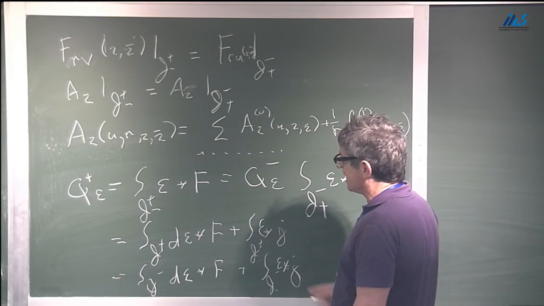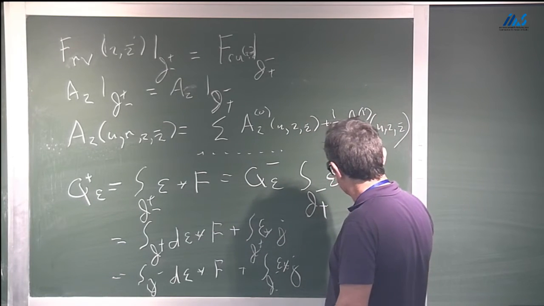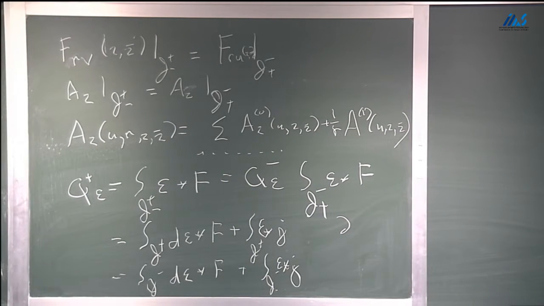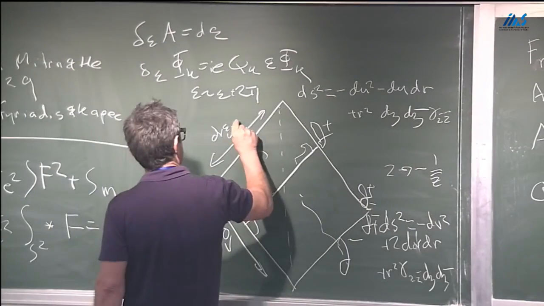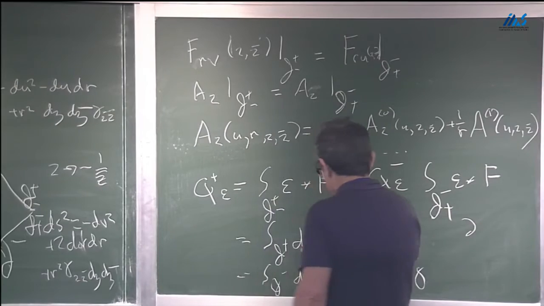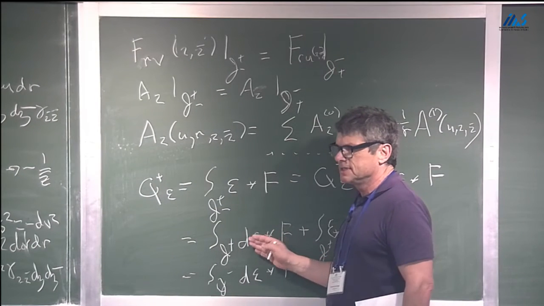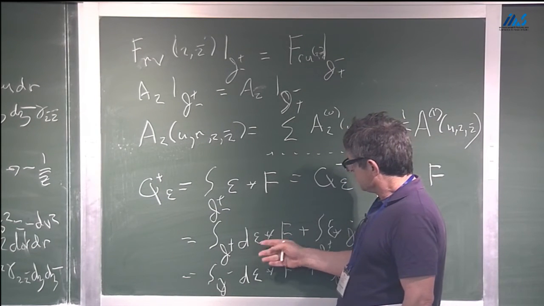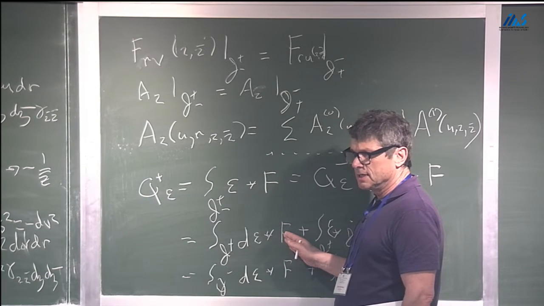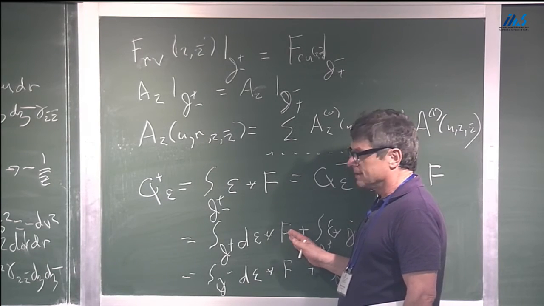This is true for any epsilon with the right boundary value, but it's good to choose epsilon to obey du epsilon equals 0 down here and dv epsilon equals 0 up here.